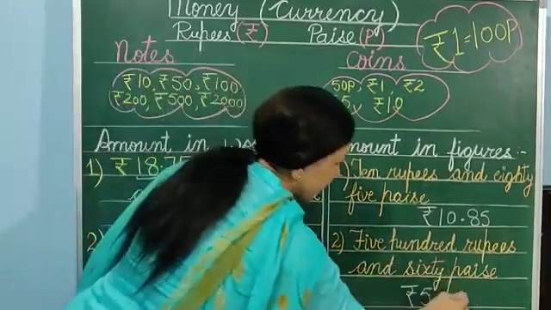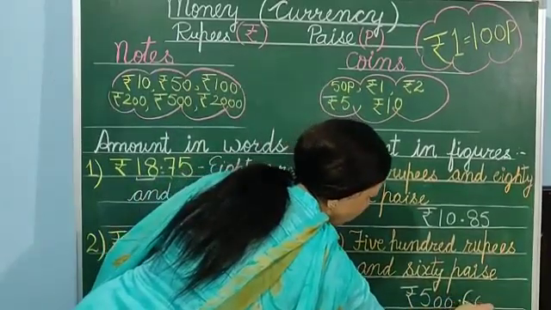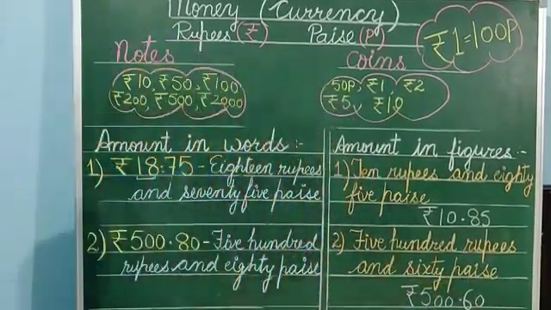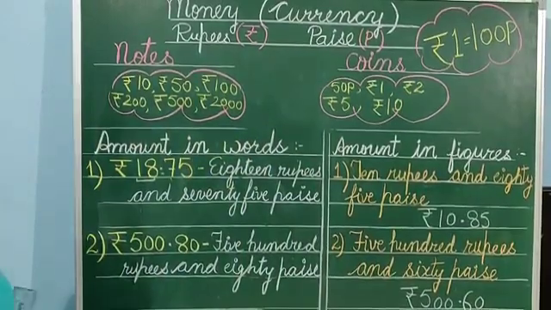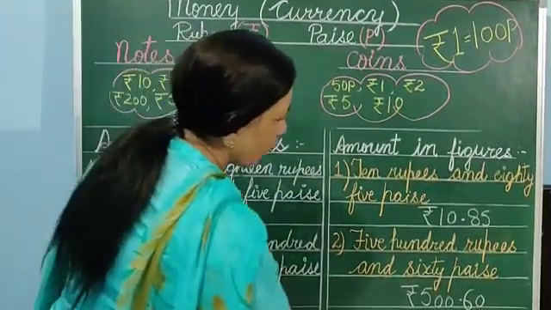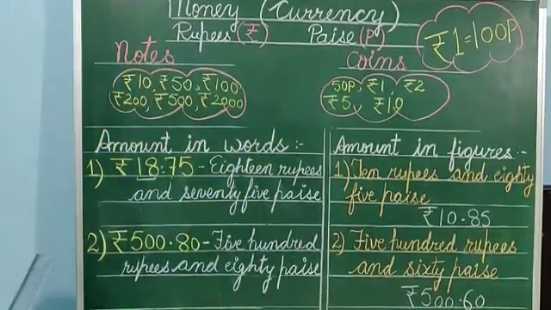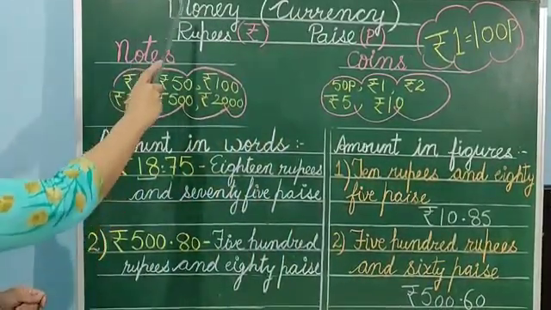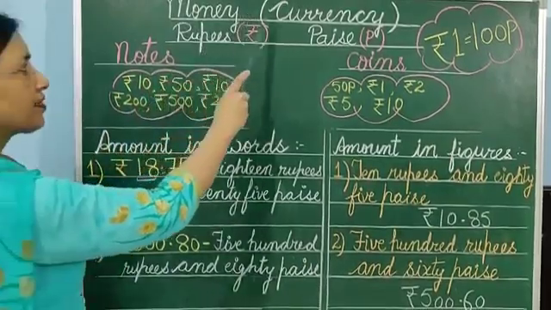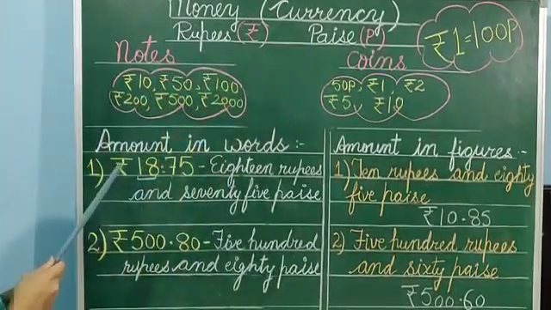And how many paise are there? 60. Write down 60. Rupees 500.60.